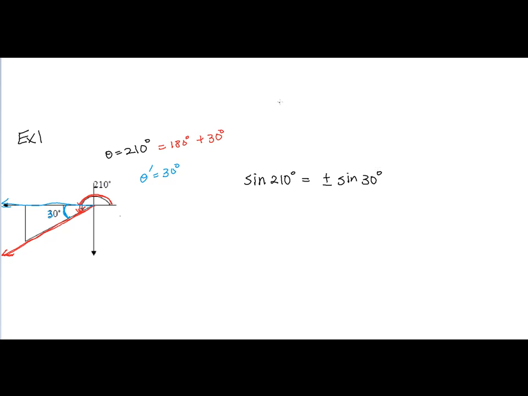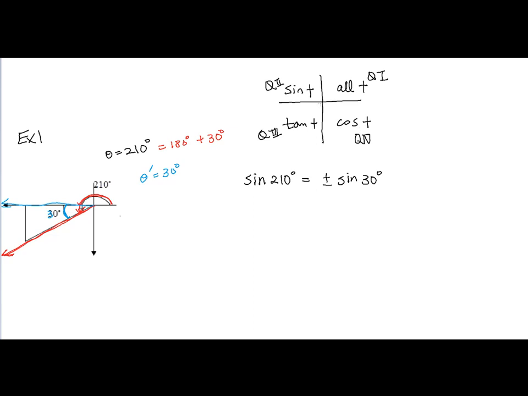Now we follow the rule of which trig functions are positive: sine is positive in quadrant 2, tangent is positive in quadrant 3, cosine is positive in quadrant 4, and all are positive in quadrant 1. In quadrant 3, x and y are both negative. We memorize this by "All Students Take Coffee."